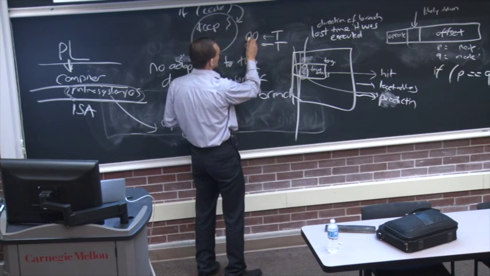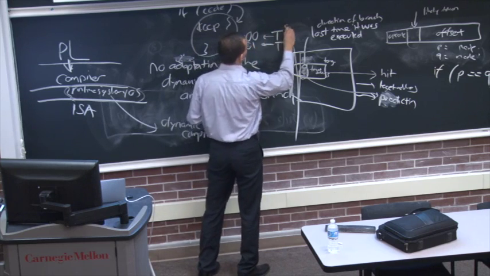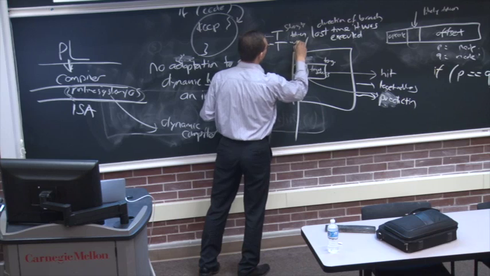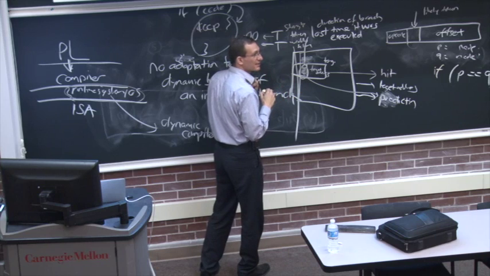And if you see a not taken outcome, you go from the strongly taken state to a weakly taken state. This is the prediction state.